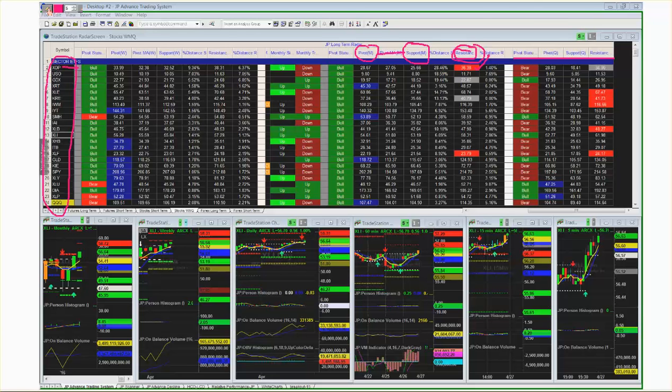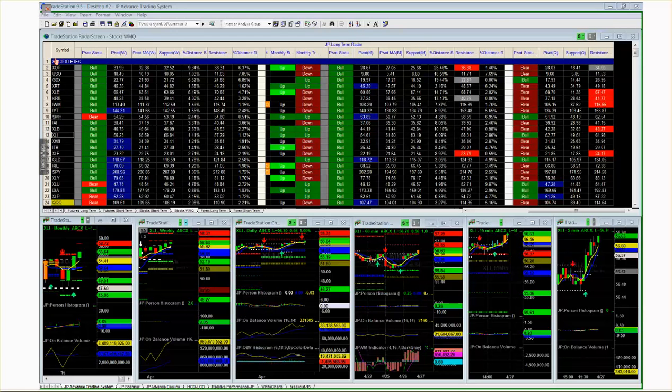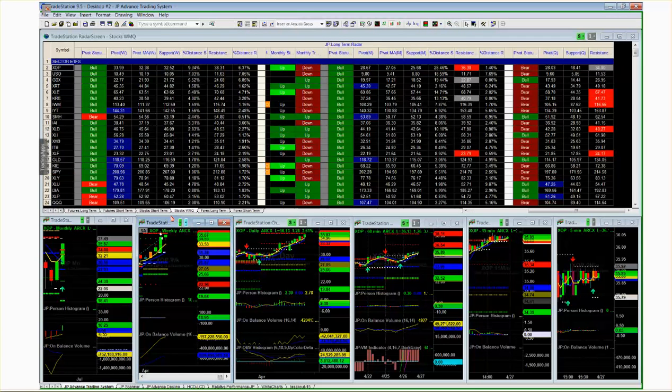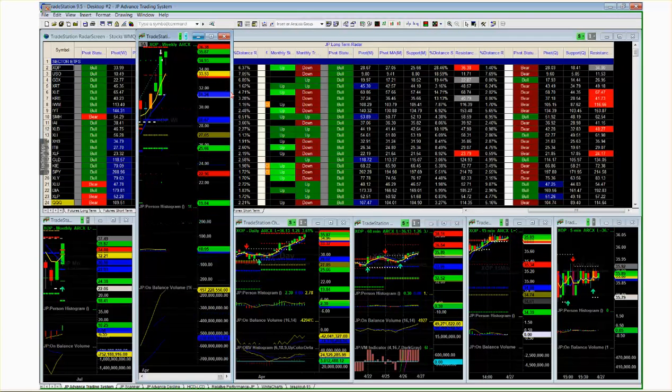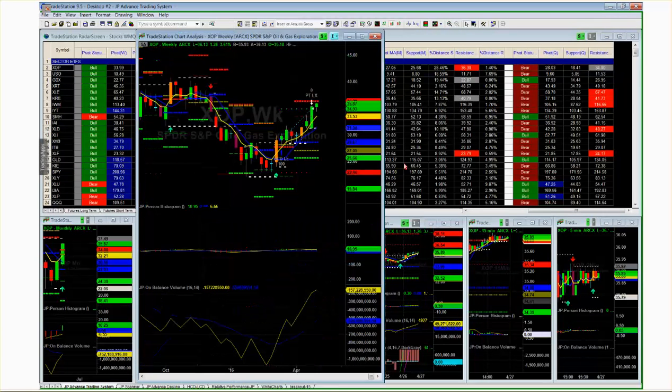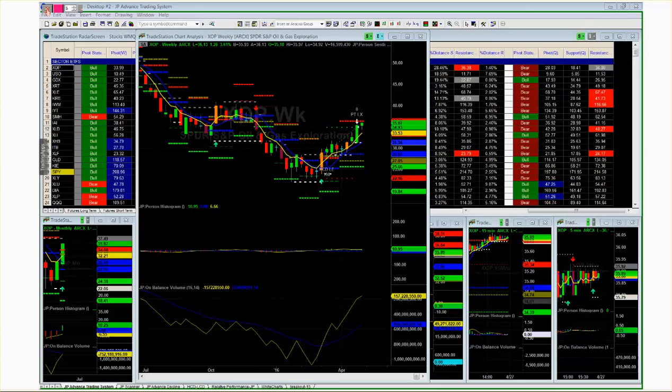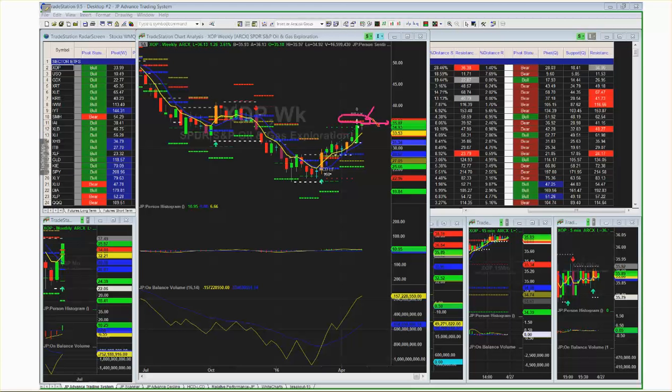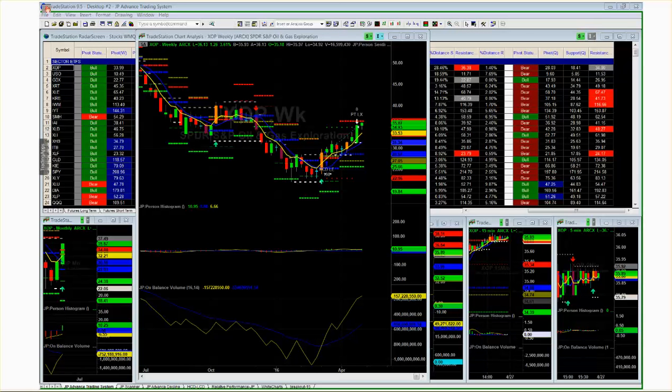I click on XOP, and as you can see, here's a weekly chart, and guess what? That's our monthly pivot, and you can see that the stock is trading at pivot resistance. That's the XOP. So that's kind of nice to say, okay, give me a testable condition of measurement.